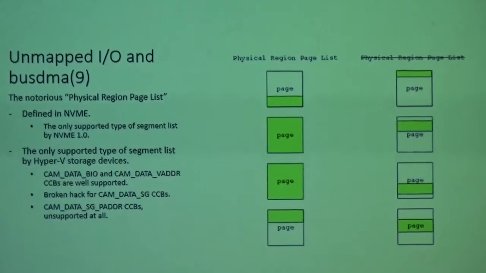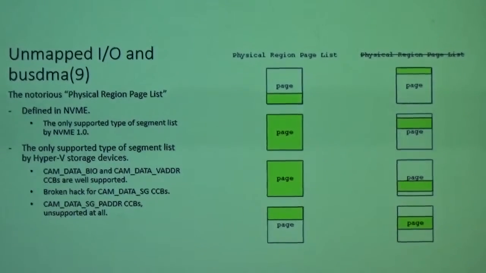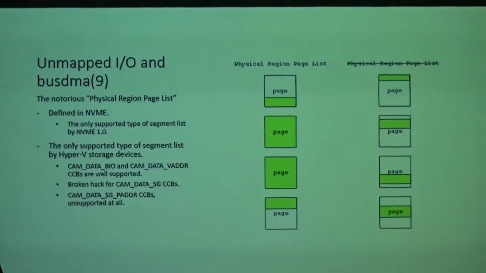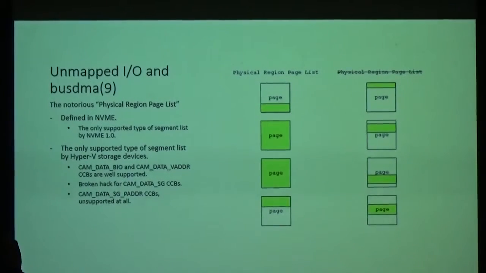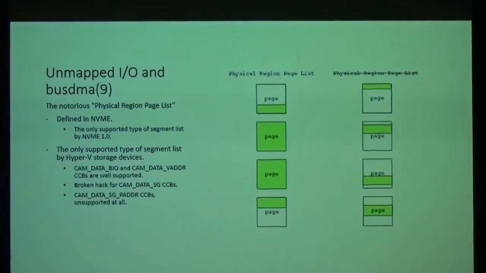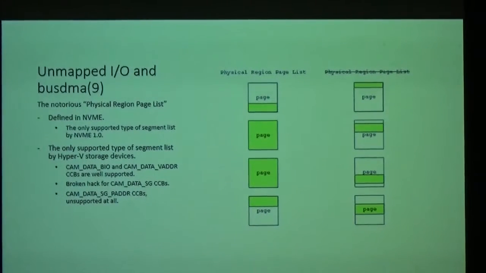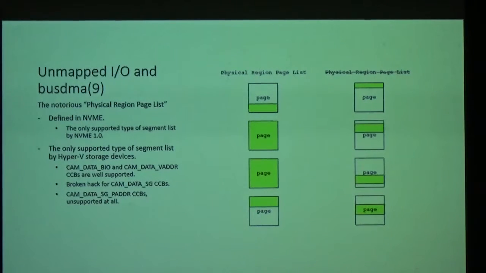The requirement is, except for the first page and the last page, all pages in the middle of the buffer need to be a full page. The first page can have non-zero offset, but it will have to consume the rest of the page, and the last page will have to start from offset 0 and consume some space there.